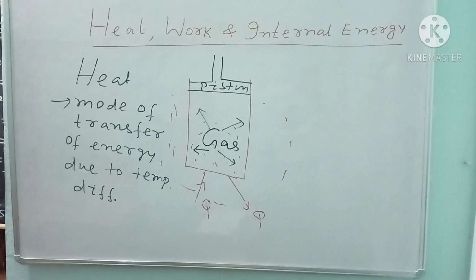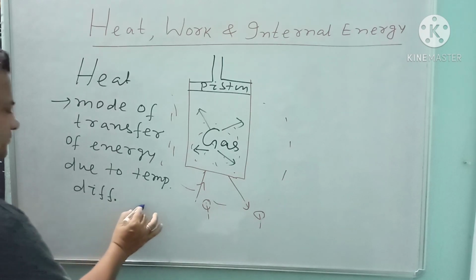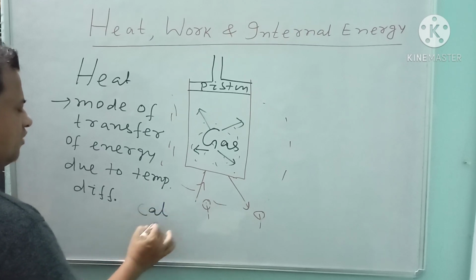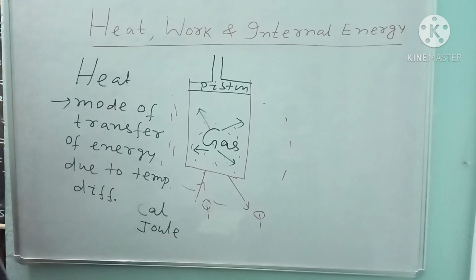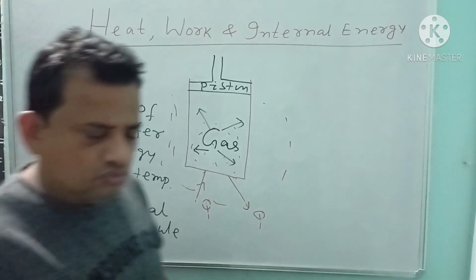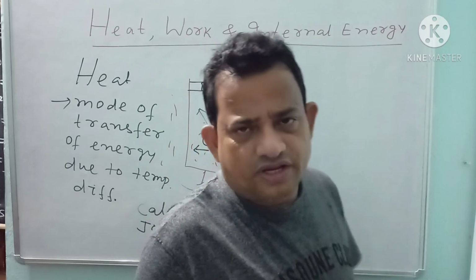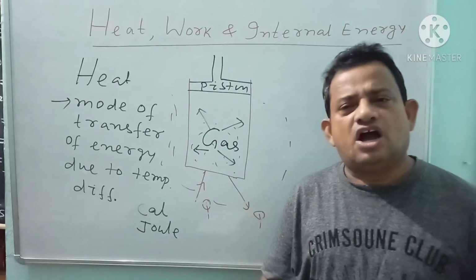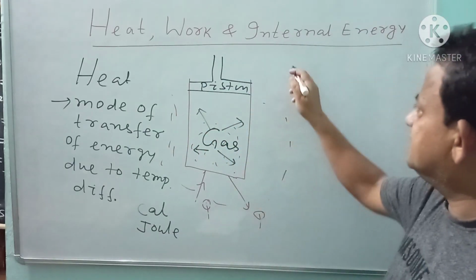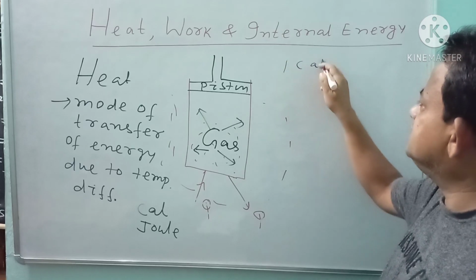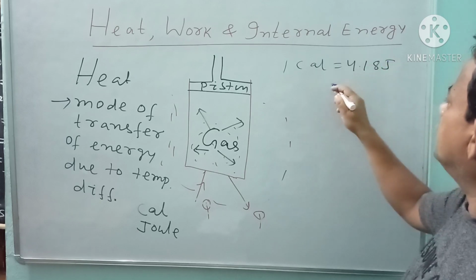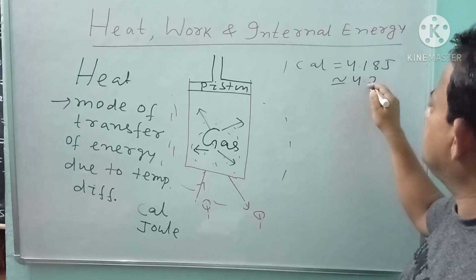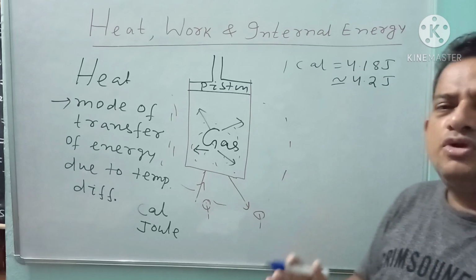Students, you know the unit of heat is calorie, and also you can measure in joule. And 1 joule is equal to how many calories, or 1 calorie is how many joules? 1 calorie is equal to 4.18 joule, or approximately 4.2 joule.